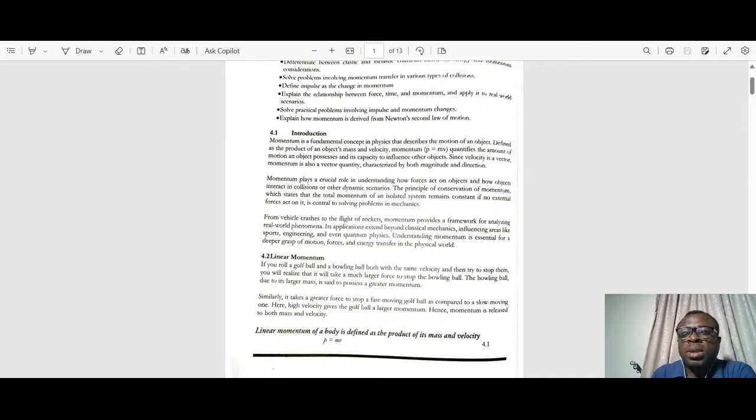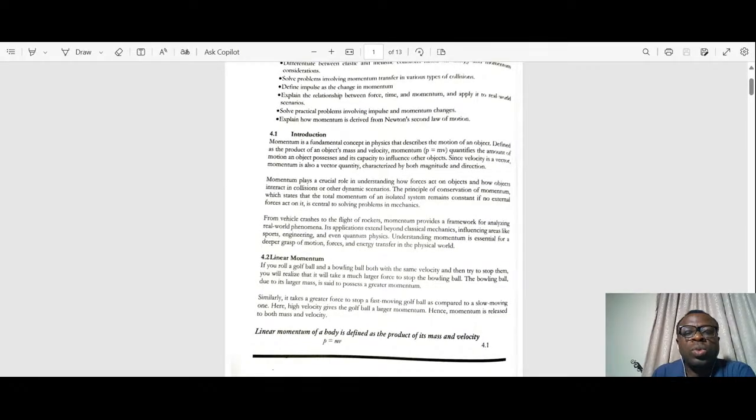Can you see it? Your textbook, I just shared it. If you can see it, let me know so that we can continue. Okay. Somebody said sure. So it means we are good to go.